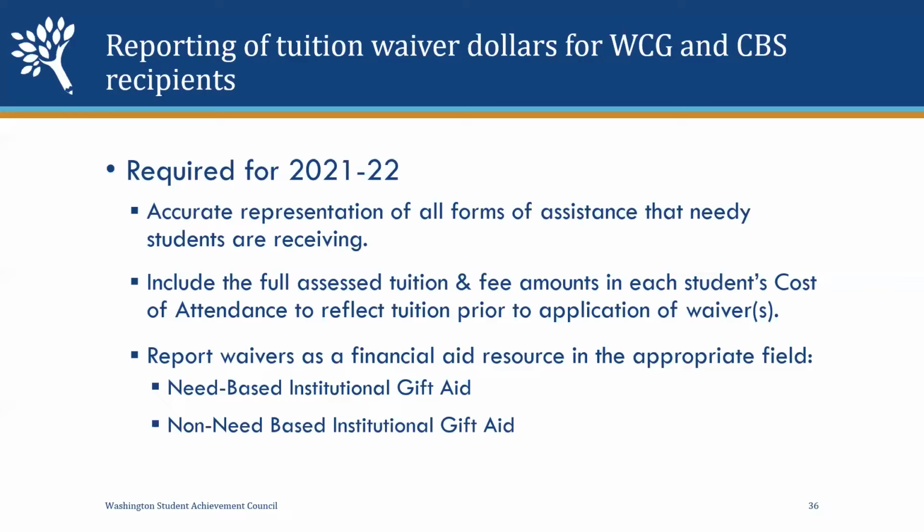So the cost of attendance should not be reduced to accommodate for waivers. Report waivers as financial aid in the appropriate field. So they're either need-based institutional gift aid or non-need-based institutional gift aid. Whatever your category is, how you would report it.